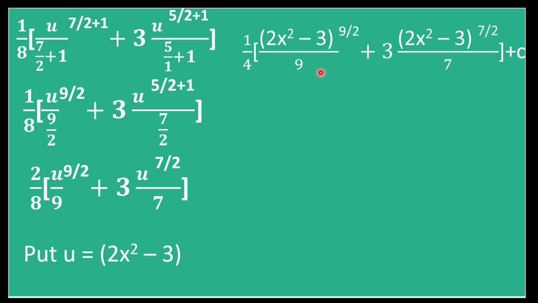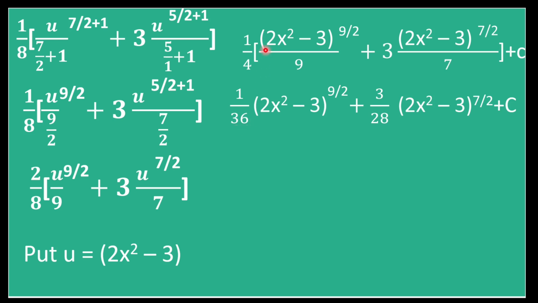Then we will multiply this 4 with this 9, so this will become 1/36 (2x² − 3)^(9/2). And similarly we will multiply this 4 with this 7, so this will become 28, and with this 3 it becomes 3/28 (2x² − 3)^(7/2) plus c. And this is the answer of our question.